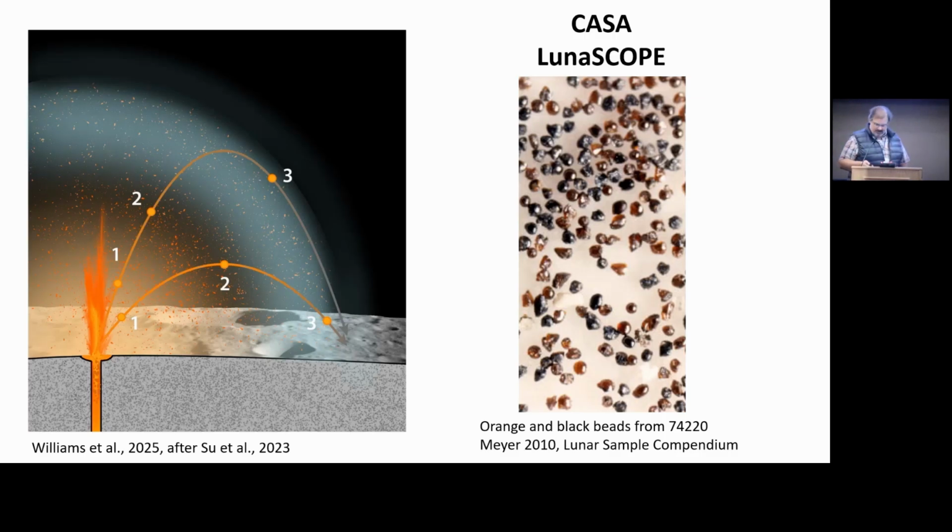All right, and so it's kind of the same framework that we have with pyroclastic eruption. I just want to point out that as you have different trajectories, you can have beads that experience different pressure temperature paths through the gas cloud, but land at the same place, right? And so this is one way we can get a mix of orange and black beads at the same deposit.